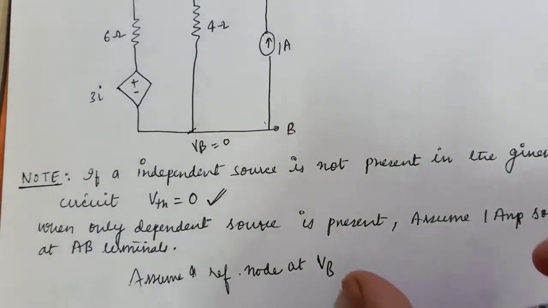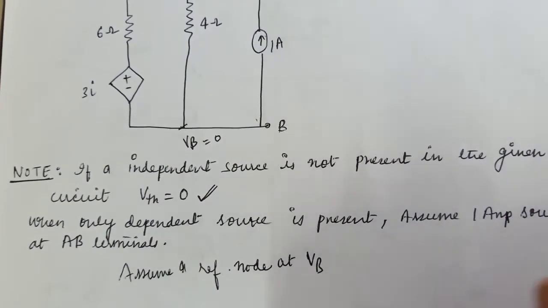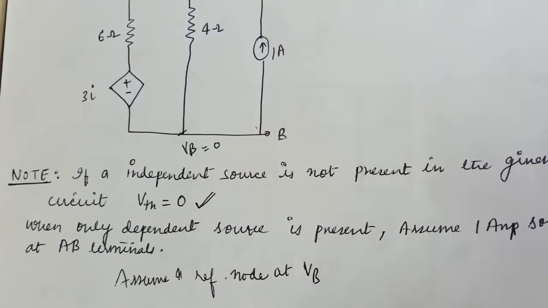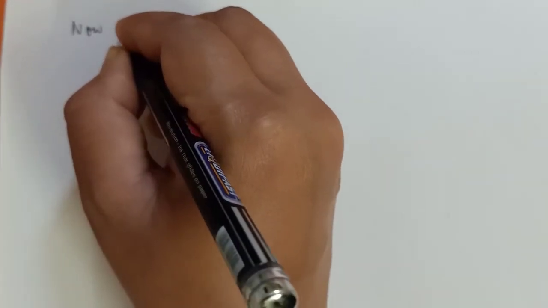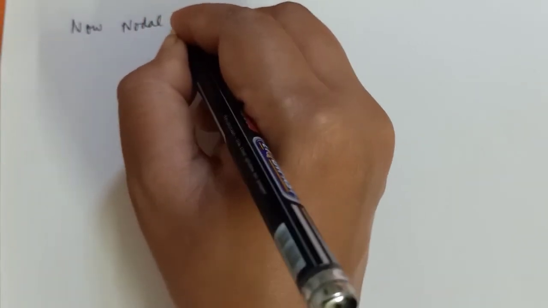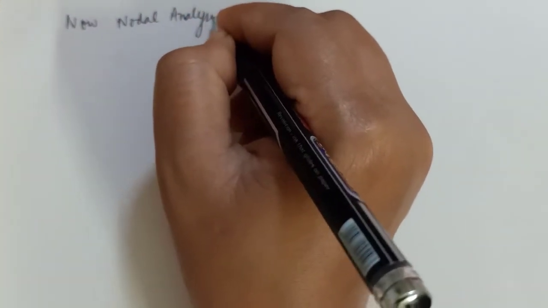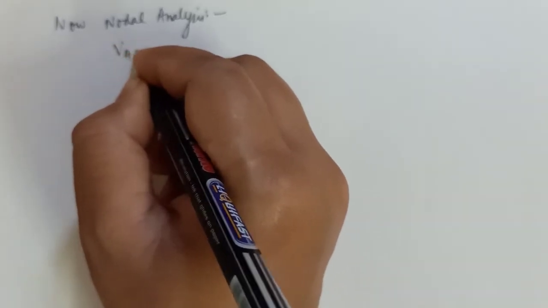Voltage at VB will be 0. Now apply the nodal analysis.